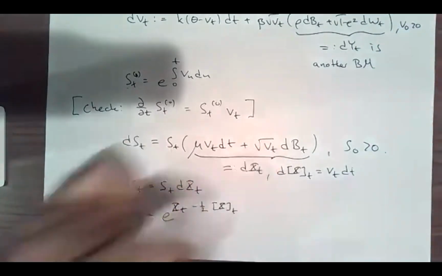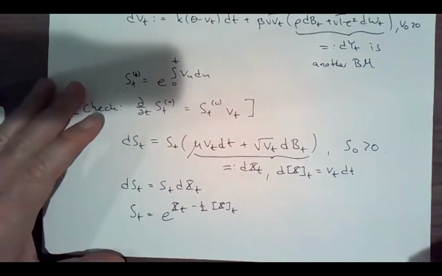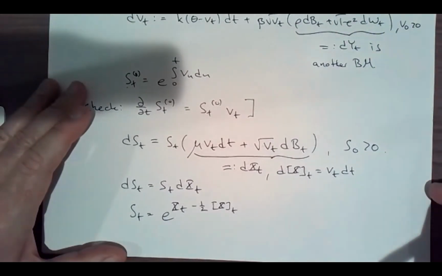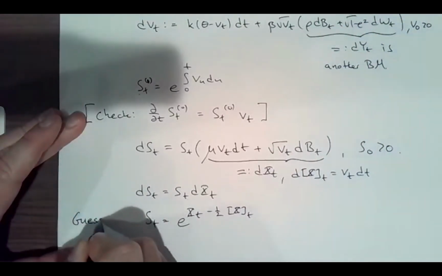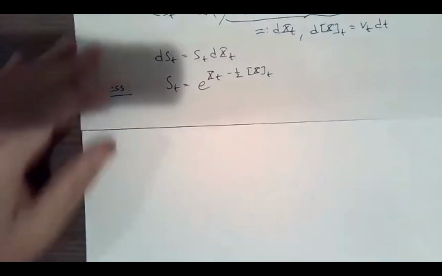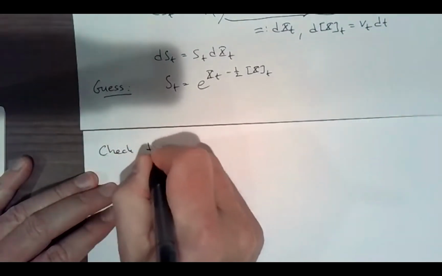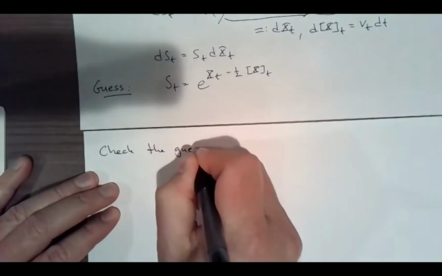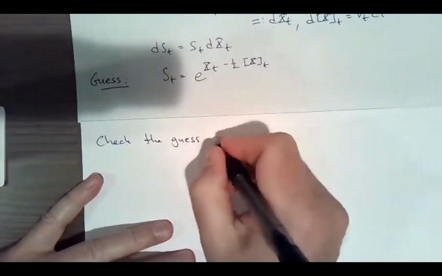This is dt. So maybe we could come up with a guess like this one, and then we could check it. So let's check the guess. Check the guess using Ito.